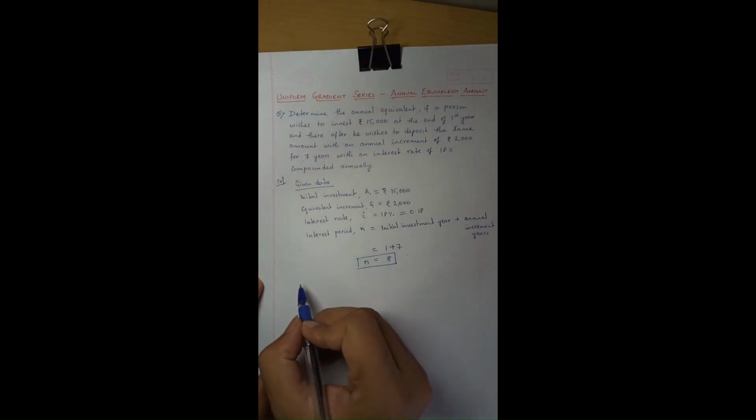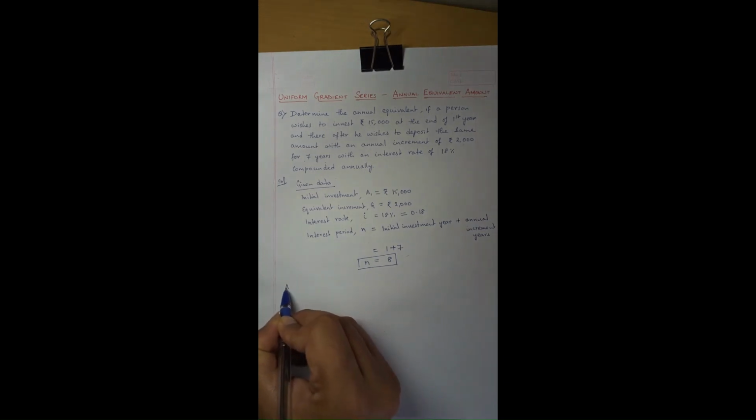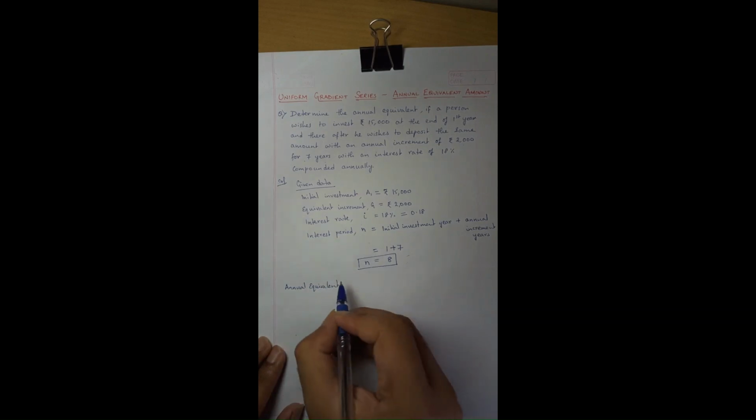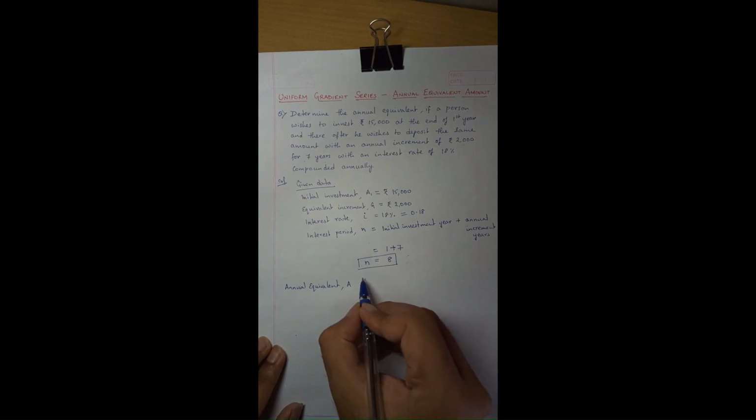Now we'll calculate what is the annual equivalent, which is denoted as A, that is the annuity.